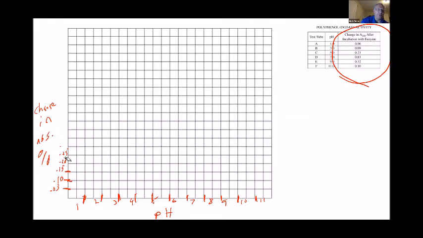Actually, that's going to make them awfully small. Let's see if we can make a little bit better here. What would be good? 0.02. Yeah, I'm going to go with 0.05 just for the sake of time. As long as you can show the pattern, you are okay.